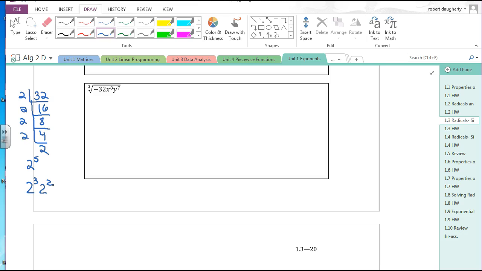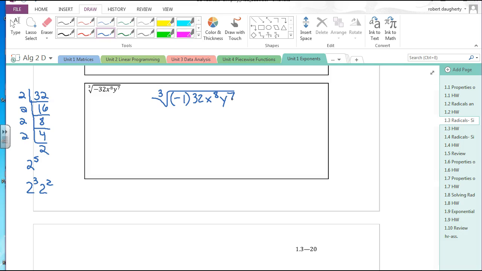Now this negative sign out front, what do I do with that? When you have a negative here, let's think of it this way. What's the cube root of negative 1? What number can be multiplied by itself 3 times and give you a negative 1? Negative 1.